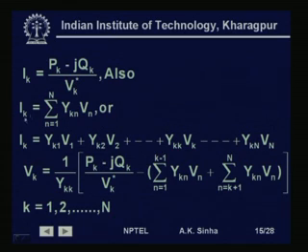Also, we know I k is equal to the summation Y k n V n, which we can write as I k is equal to Y k 1 V 1 plus Y k 2 V 2 plus so on, Y k k V k plus so on up to Y k n V n.